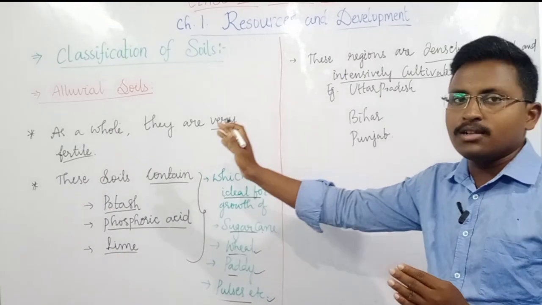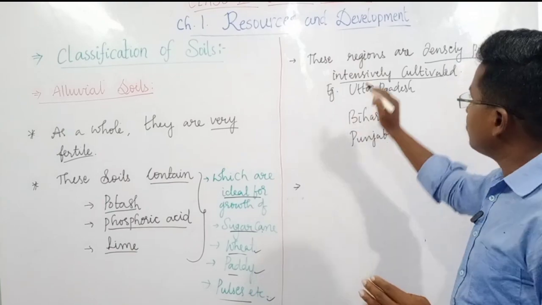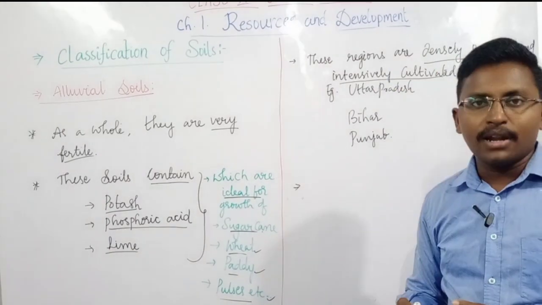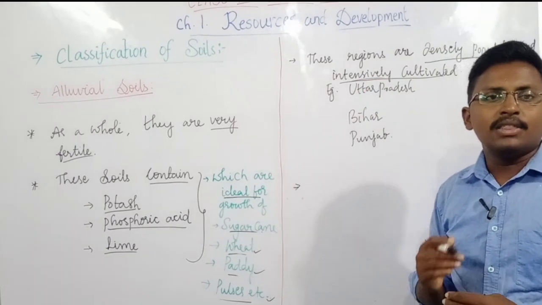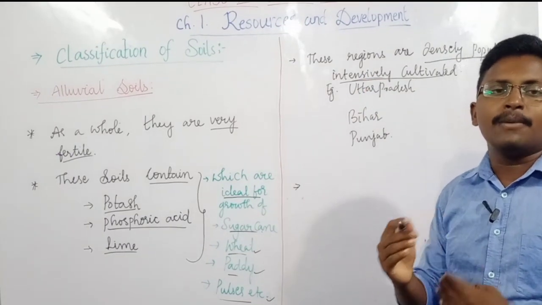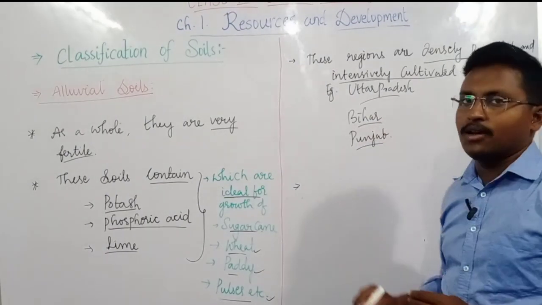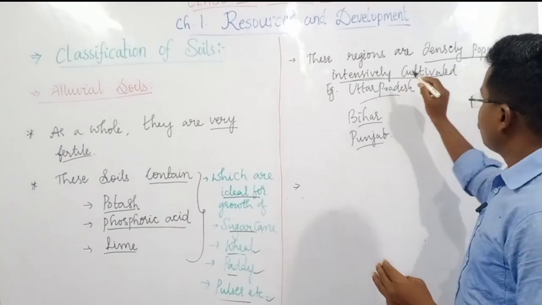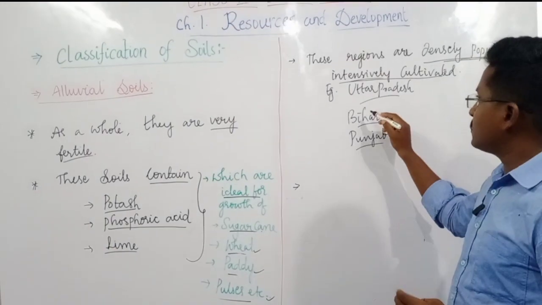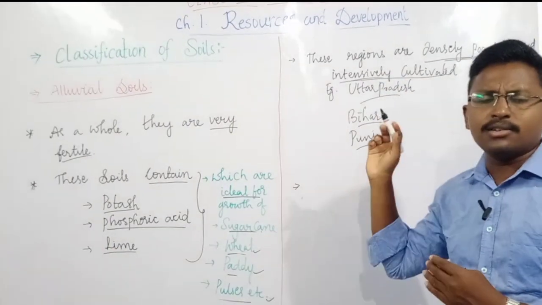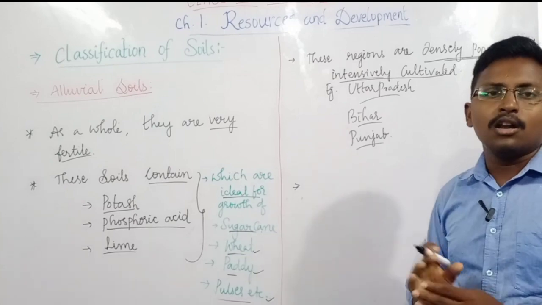At the same time they are intensively cultivated, that means without giving any gap, they are continuously cultivated. For example, in states like Uttar Pradesh, Bihar as well as Punjab, you can see these two things. These regions are densely populated, and at the same time they are also intensively cultivated. So this is all about alluvial soils.